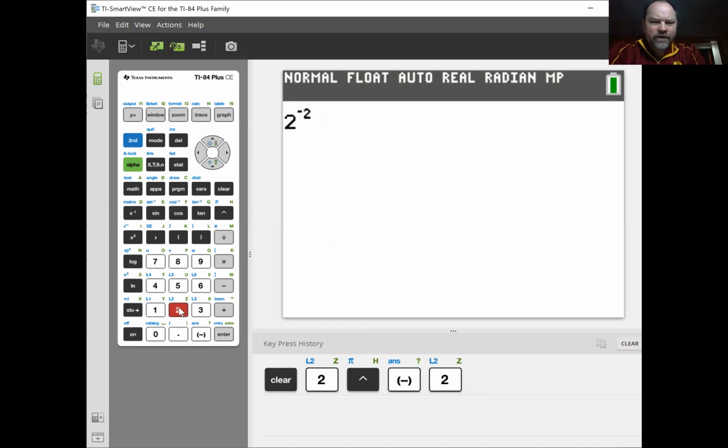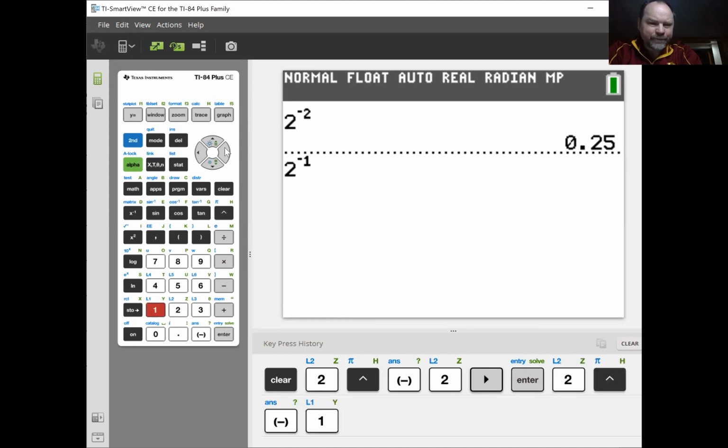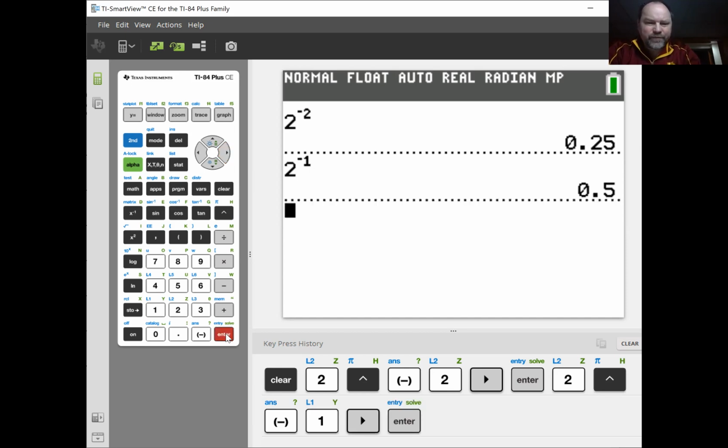If you have a different calculator, you may need to use parentheses around the exponent. So just be aware of that. And 2 to the power of -2 is 0.25 or 1/4. I'm also going to do 2 to the power of -1, and then I'll go write them on my page.